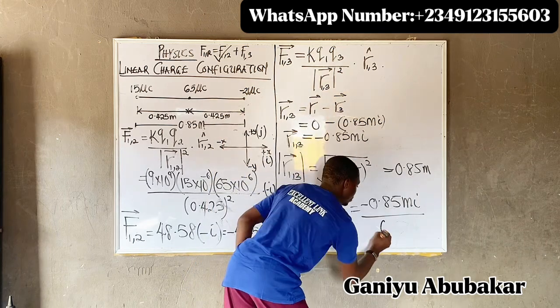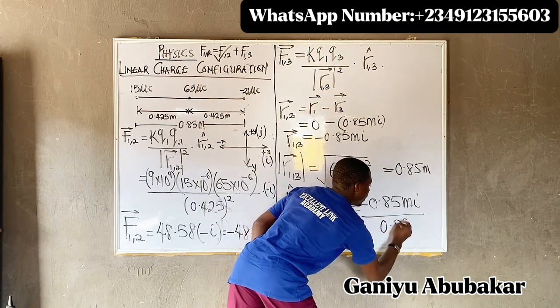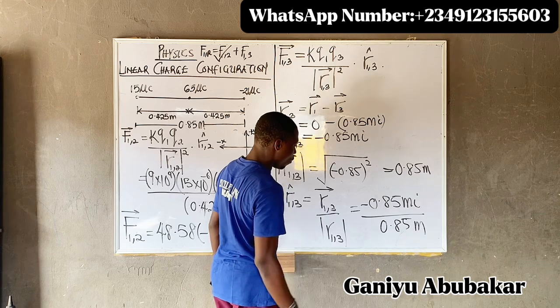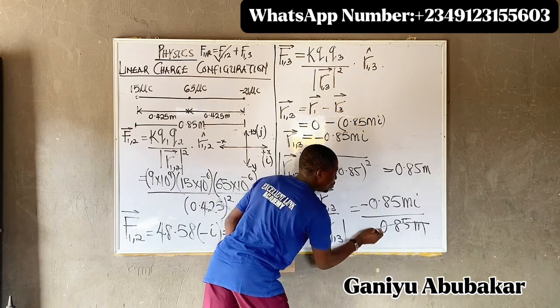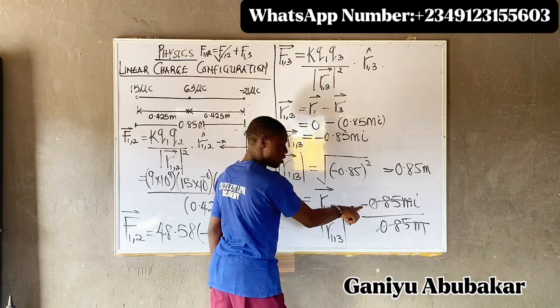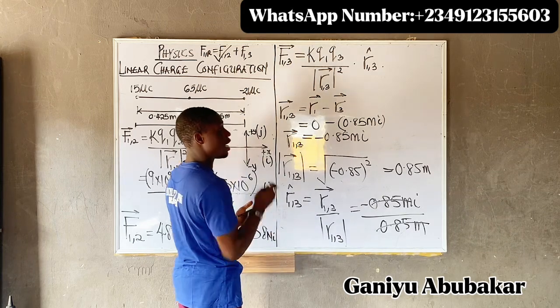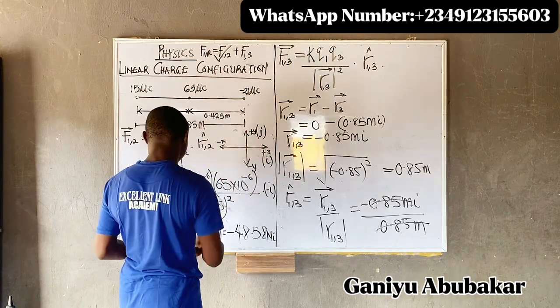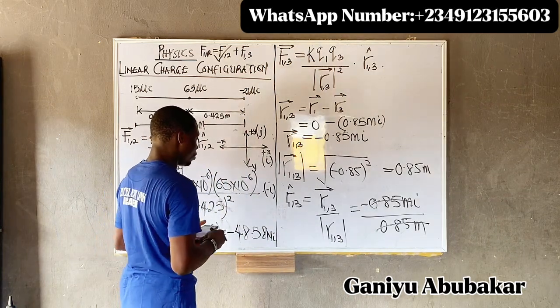Mathematically this will cancel this, and I'll be left with minus i, similar to what I had when I did the previous one.